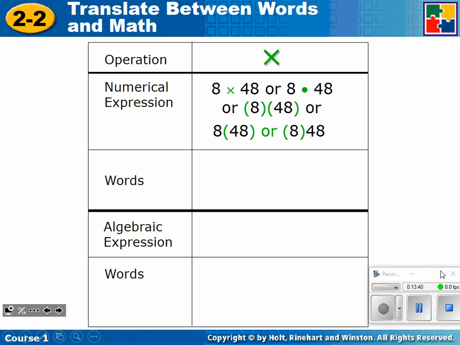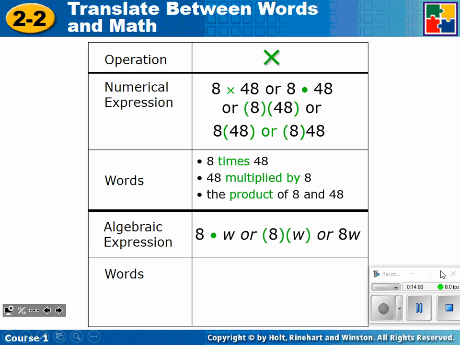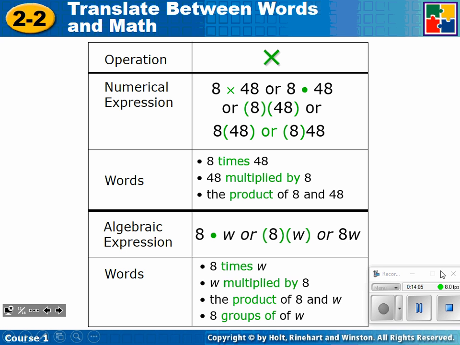Jackson? Yes. The product of 8 and 48. I've also heard people say 8 groups of 48. So we got 8 times 48, 48 multiplied by 8. So you could say multiplied by instead of times, or the product of 8 and 48. So we also have that. 8 groups of W, product of 8 and W, W multiplied by 8, 8 times W.